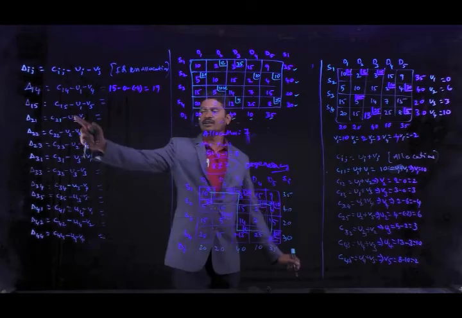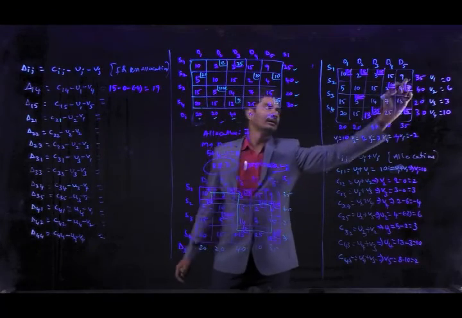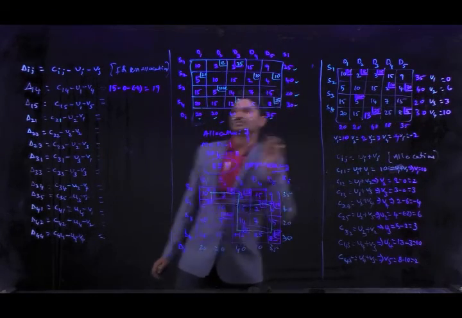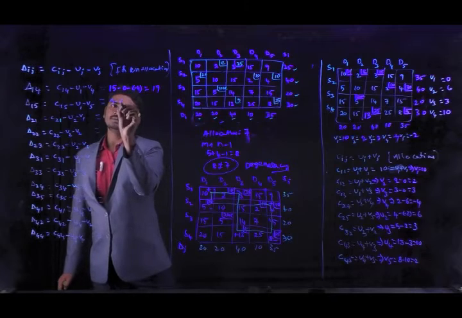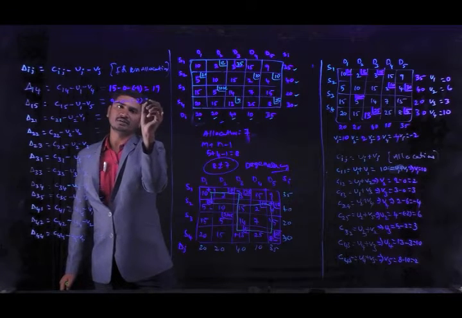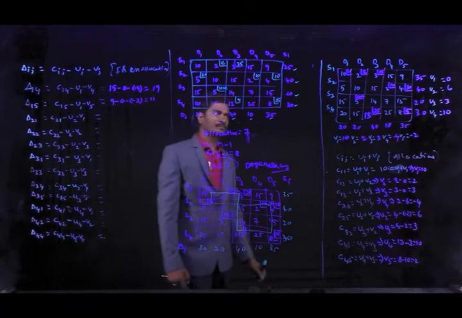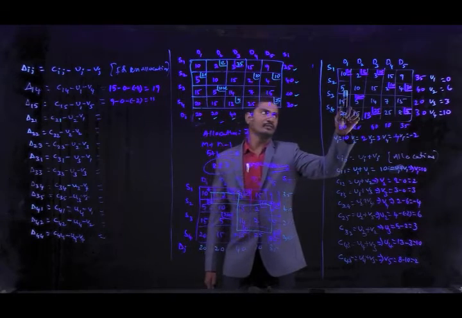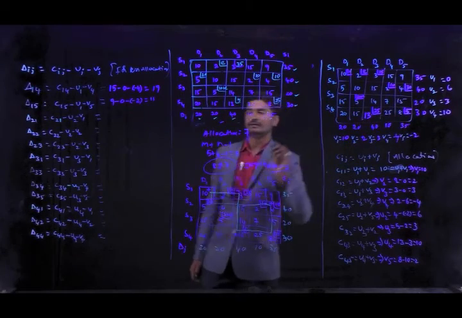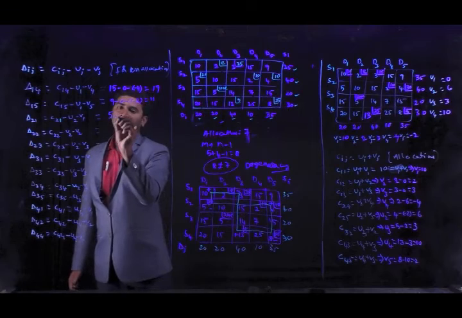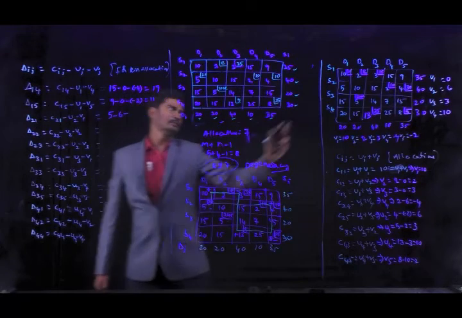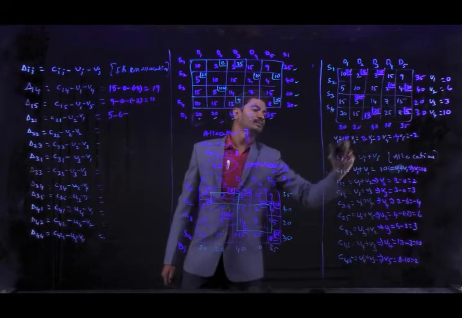Okay, next the second one, D15. Here 9 minus 0 minus of minus 2. From this we are going to get 11. Next coming to this, 5 minus 6 minus 10.